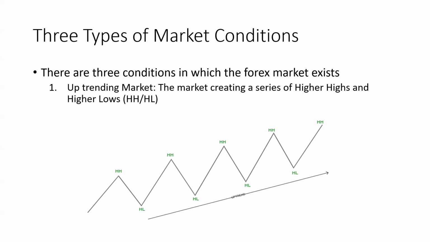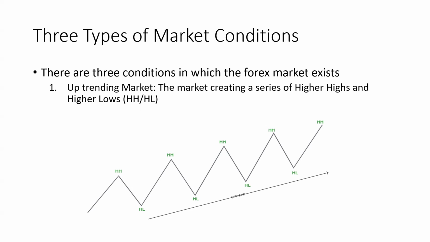Number one, we have the trending structure. We have the ranging market structure. And we also have what we call a choppy market structure.